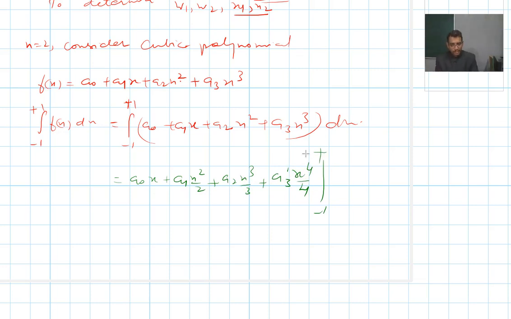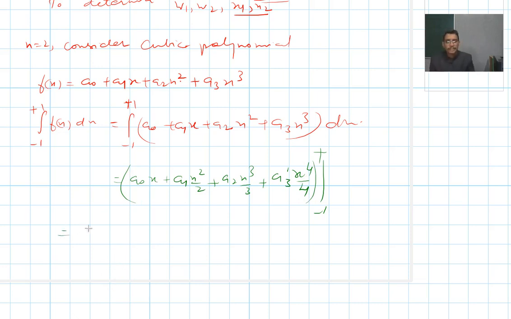These are the limits of it. Right? So it is -1 to +1, and let us put in the values.